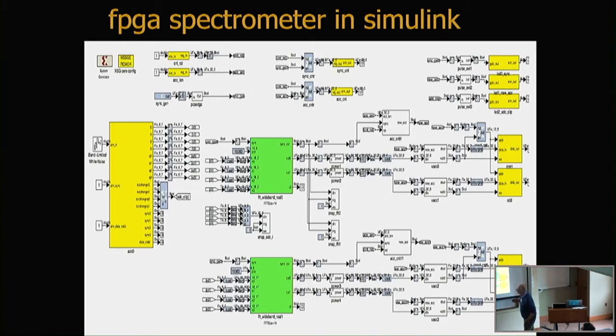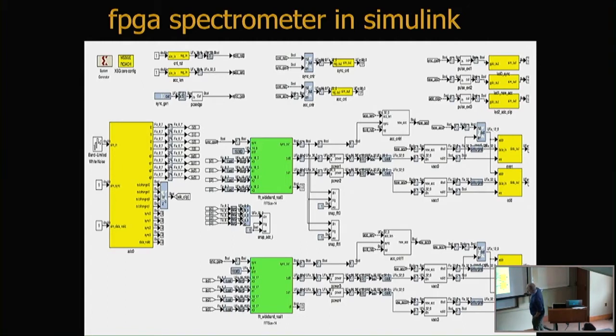But what's happening here is, this is the ADC block, the analog digital converter, and then this is the FFT block. In this case, I believe there are two of them because this is a dual polarization spectrometer. It's digitizing two channels. And then these are accumulators that do the integration.